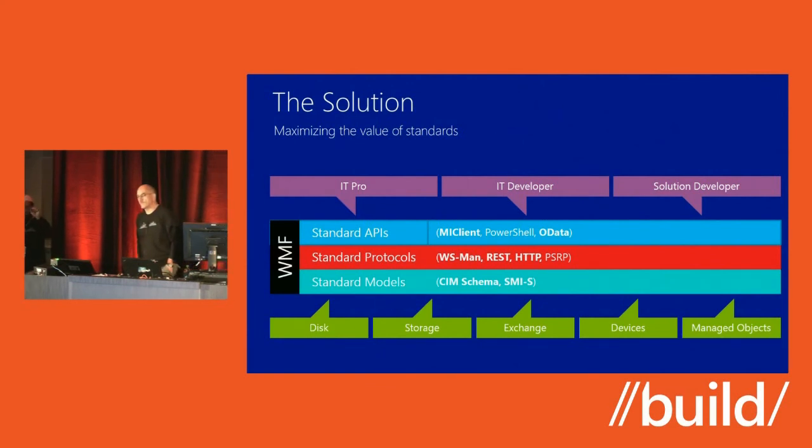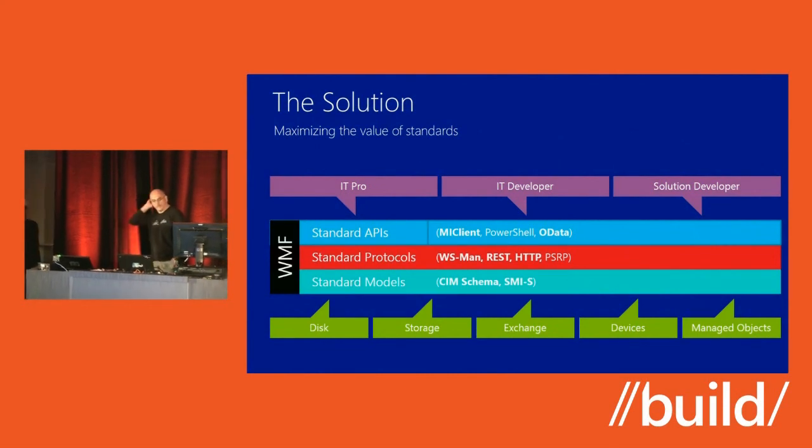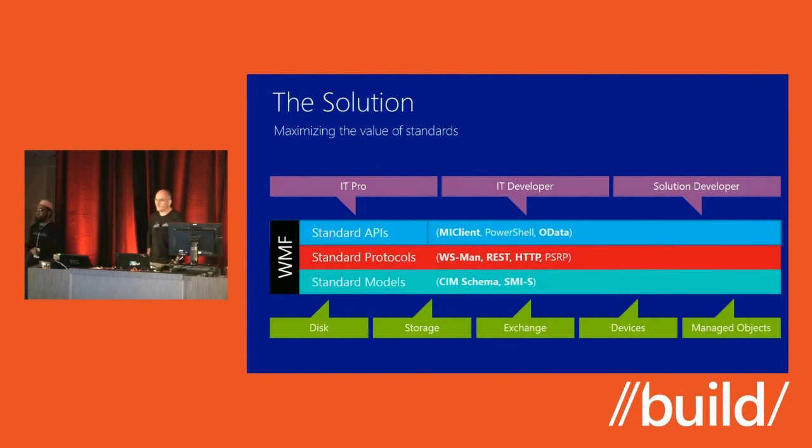The result of this picture, as you can see, is that the consumers have a standard set of APIs to consume the stuff that is at the bottom. So if you are the developer of an app and are able to write to that standard, or Windows Management Framework, then your consumers are able to use you without learning new things.